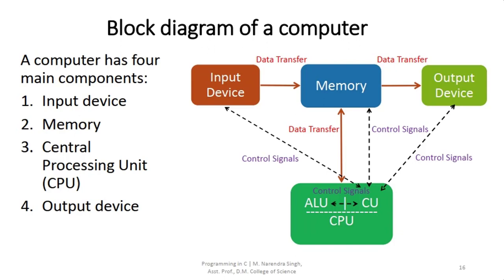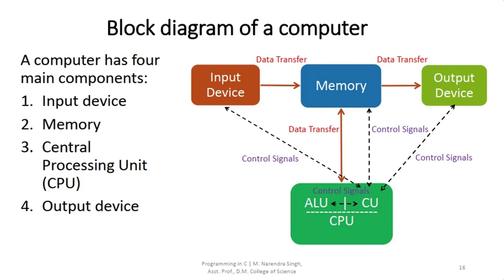Now, inside a computer, when we give some information, how is it transferred through the computer system? Let me explain. When we type on a keyboard, that is our input device. When we click through our mouse, that data or information is transferred to the memory, that is RAM, random access memory. Then from the memory, it is transferred to the ALU, the arithmetic and logic unit.